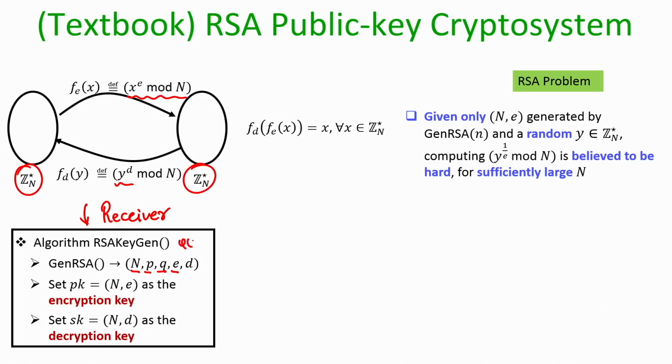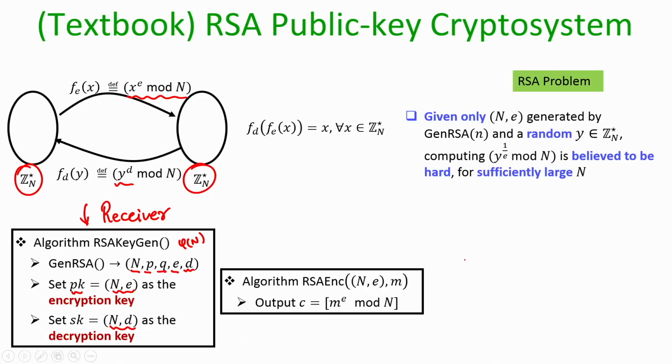He can compute phi of n because he himself has picked p and q, and once he has picked e, he can compute d as well. Then he will set pk, the encryption key, to be (n, e), and he will set his decryption key to be (n, d). So, d is kept with himself, e is made public, and n is also made public.